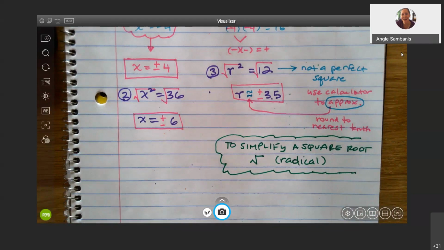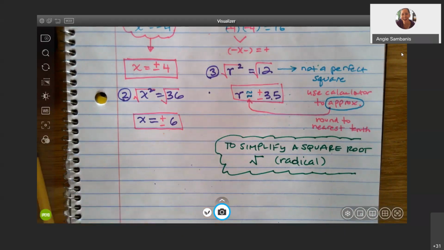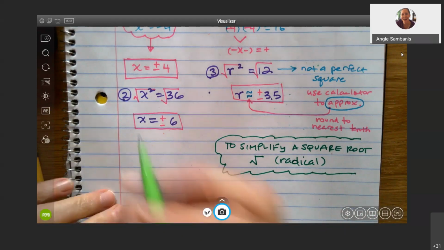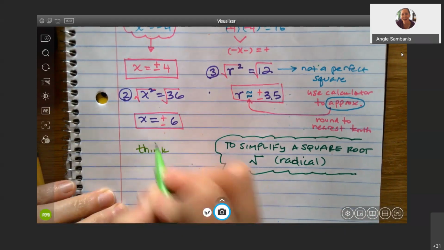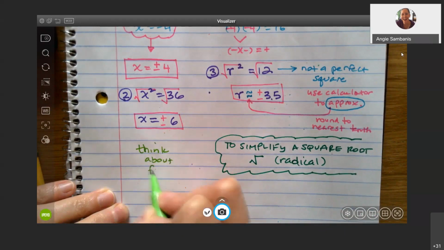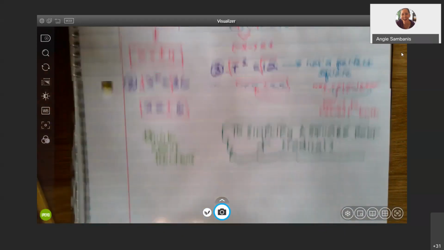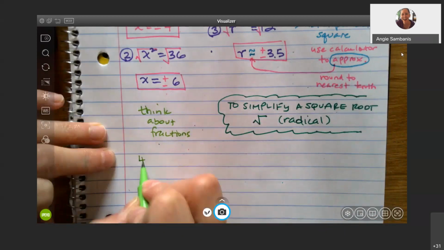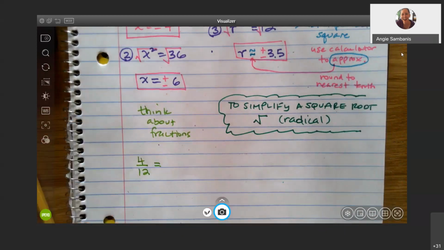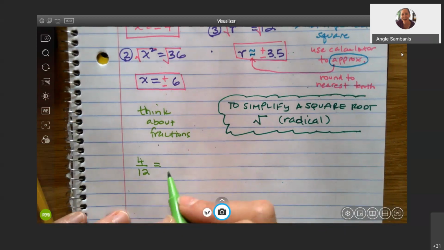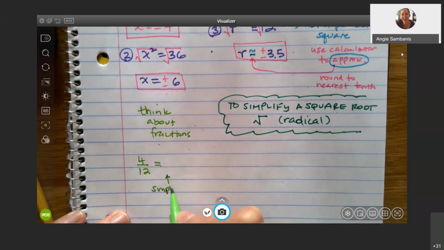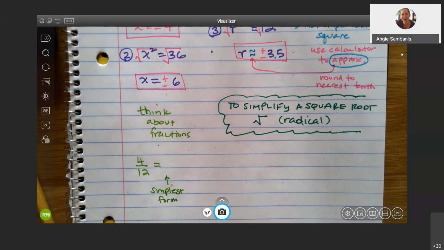So let's use fractions as an example. Again, you don't have to write this down. You can just think about it with me. If we have the fraction 4/12, we can simplify it. What would simplest form of 4/12 be? Yeah, we could divide by 4.